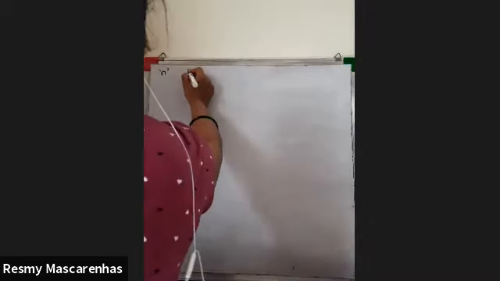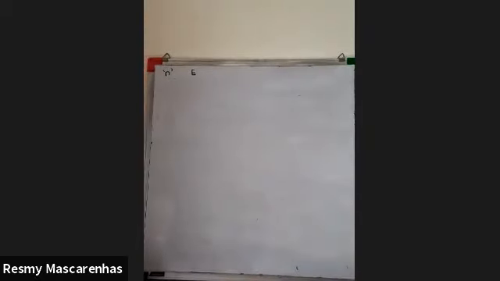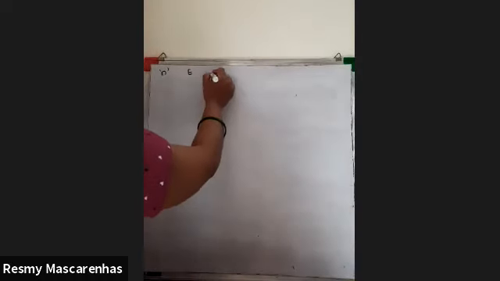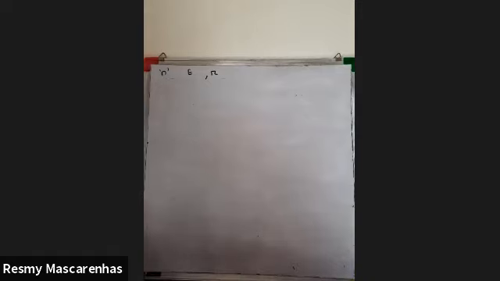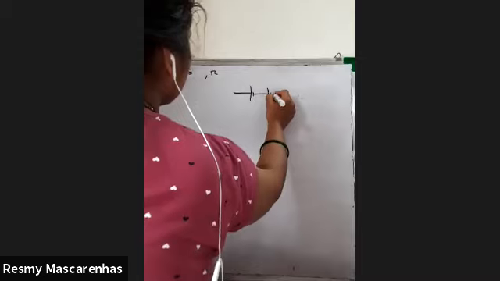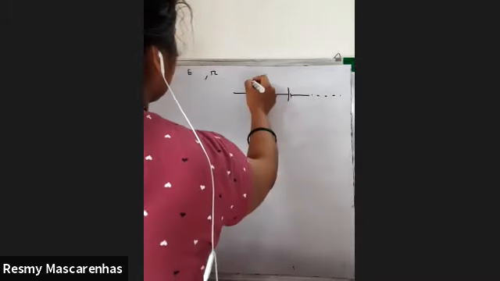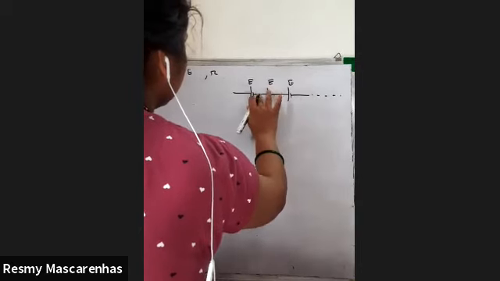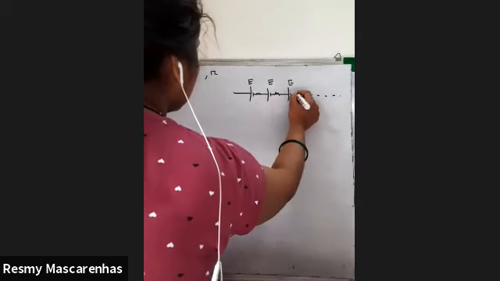If n identical cells, each of EMF E, capital E, and internal resistance r are connected in series, then the diagram will be like: n cells, so E, E, and everywhere internal resistance will be r.